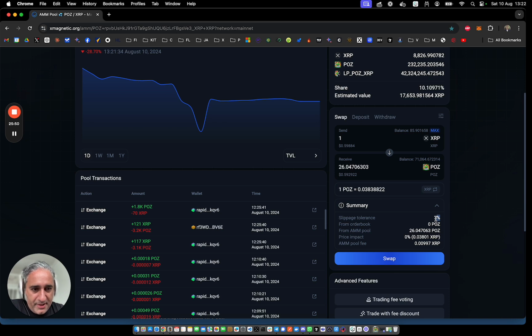What this is telling you is it could be up to 3% difference between what you see here and what's actually executed. This is because if there's a large number of transactions against an AMM, the price is constantly fluctuating. You're seeing an indicative exchange rate, and the actual exchange rate will be within 3%.